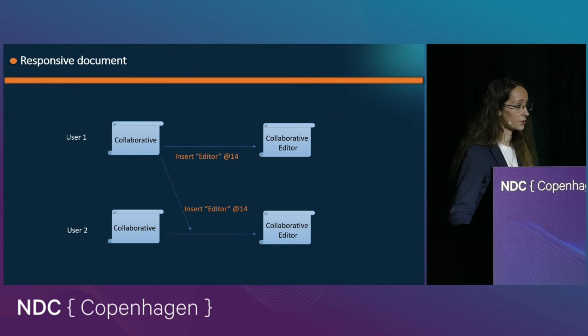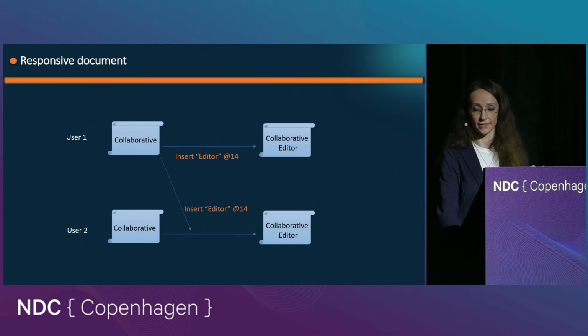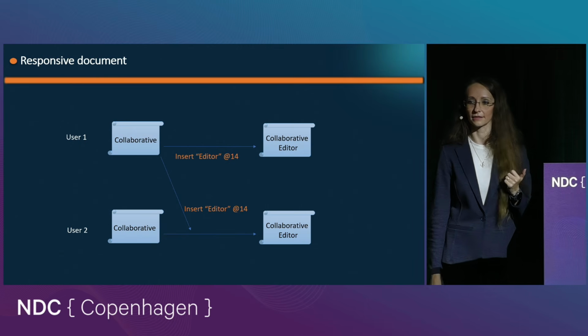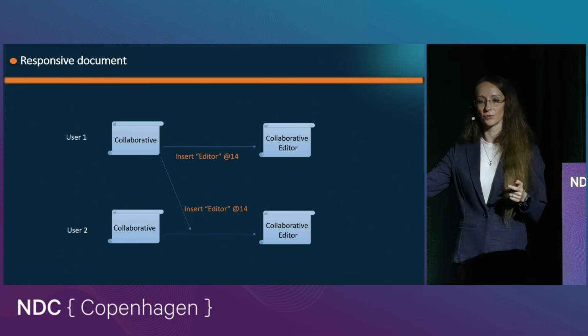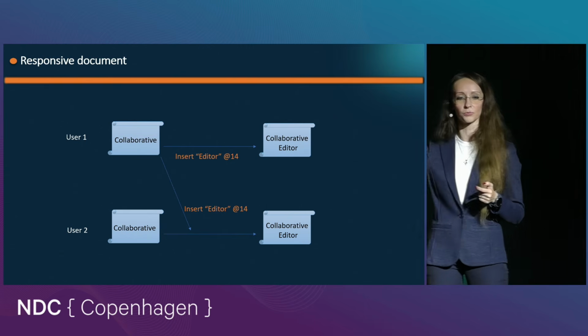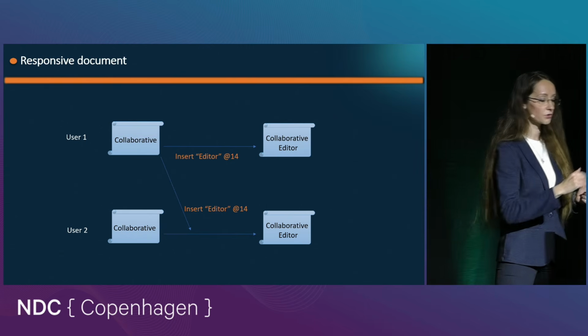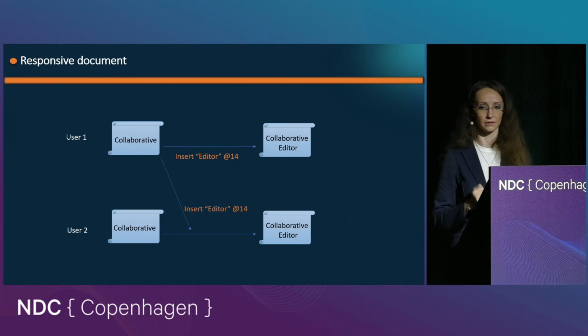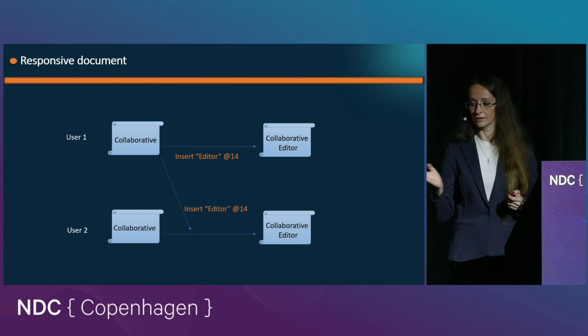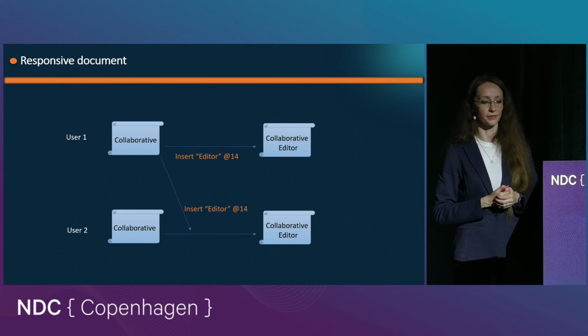I did mention that we are sending notifications with these actions, so the other connected users will all receive a notification to apply this operation of inserting editor on position 14, and on their own local copies, the ones they are looking at in their applications, they will also see collaborative editor.